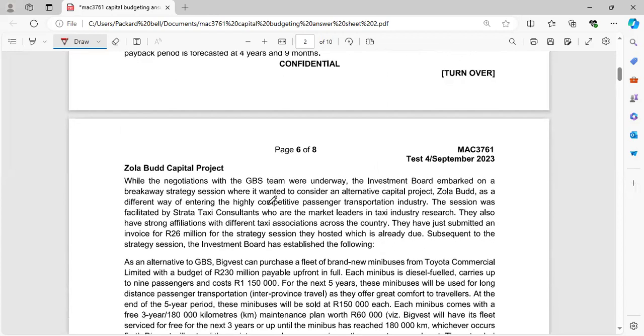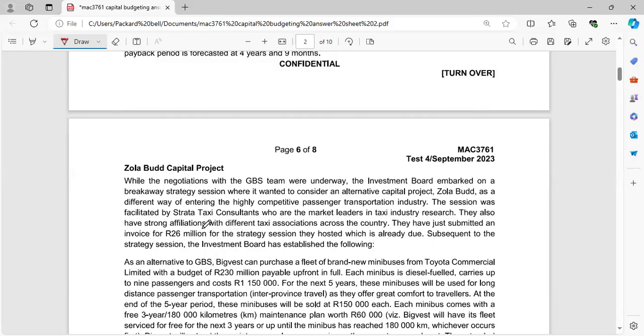While the negotiations with the GBS team were underway, the investment board embarked on a breakaway strategy session where it wanted to consider an alternative capital project, the Zolabad, as a different way of entering the highly competitive passenger transportation industry.